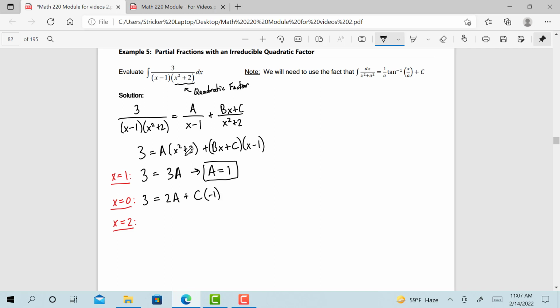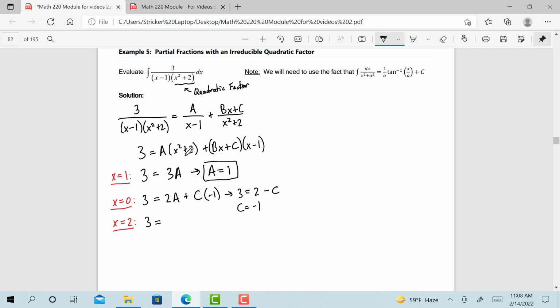And we know a is 1, so this is 3 equals 2 minus c, which means c is equal to negative 1. C equals negative 1.